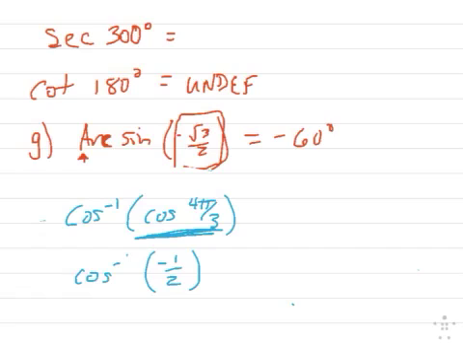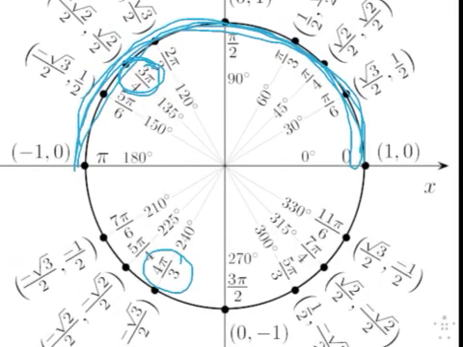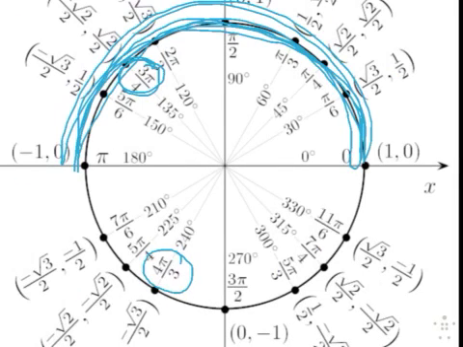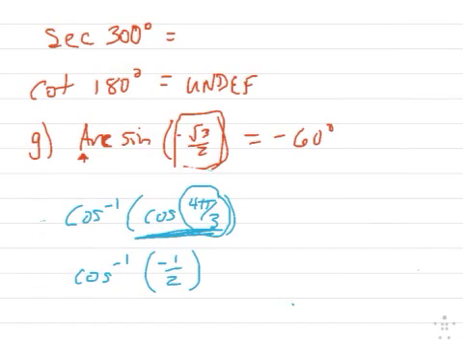What's the cosine inverse of negative 1/2? I can't say 4 pi over 3 because that's not within the range of my cosine inverse function. I have to look at the range from 0 to pi, and ask which angle has the cosine of negative 1/2?